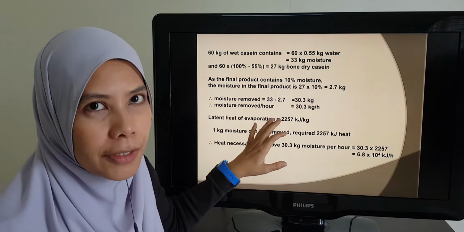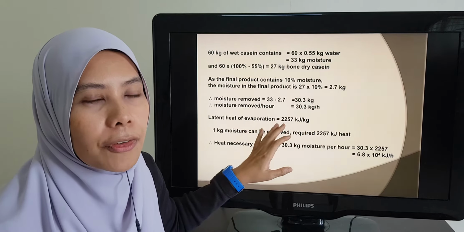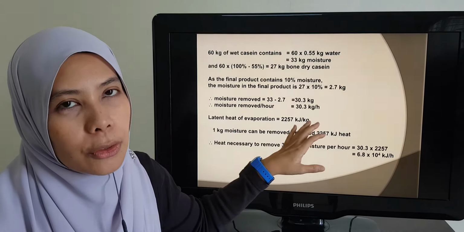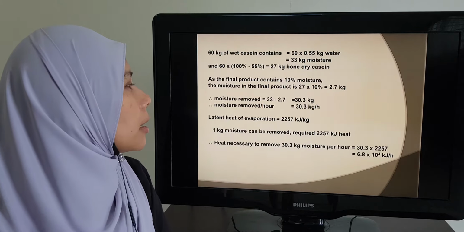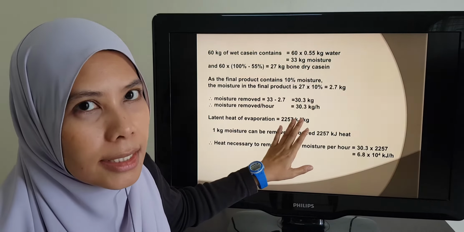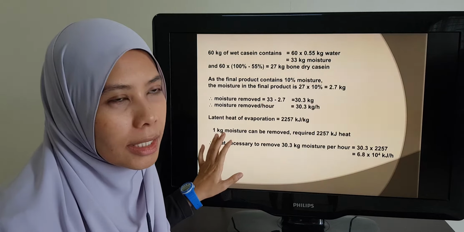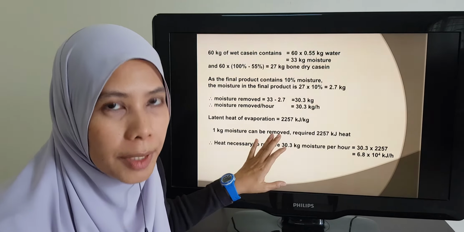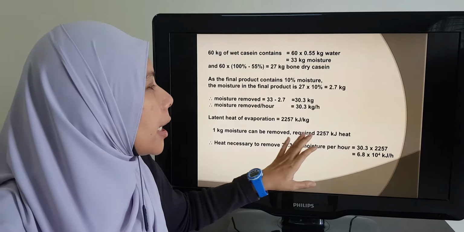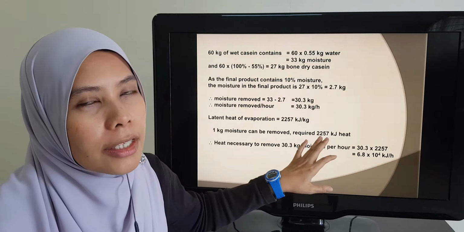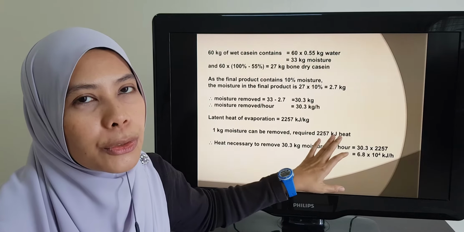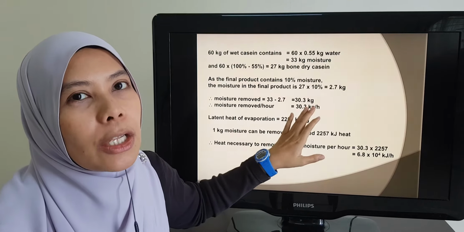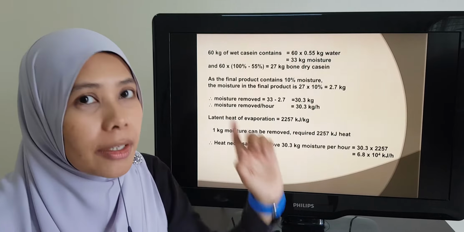Then, given from the equation, the latent heat of evaporation, H, is 2257 kilojoule per kilogram. What this means is that for every 1 kilogram of moisture to be removed, it requires 2257 kilojoule of heat. But we have 30.3 kilograms of water that need to be removed.